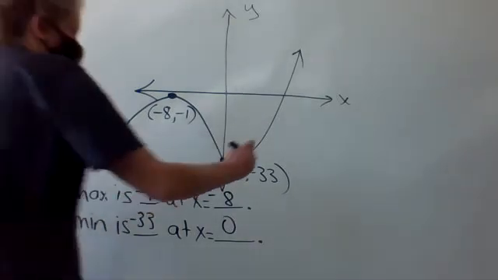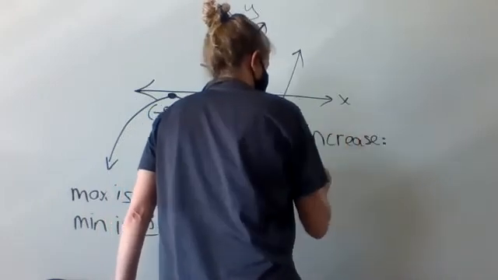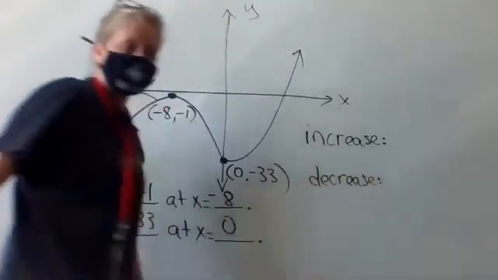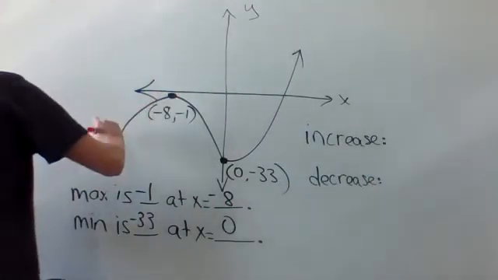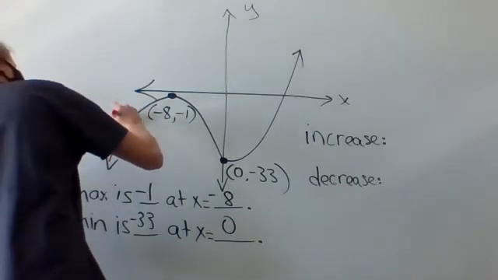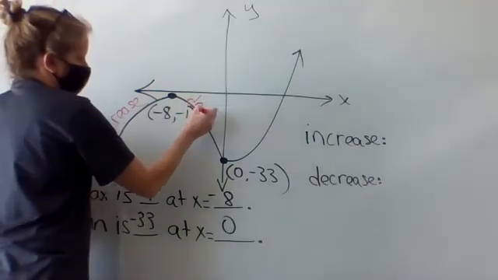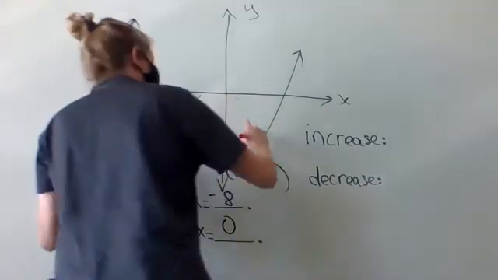And then it's going to want to know increase and decrease. So I am increasing here. So this is an increase. I get to the top and then I go down. And then once I get to this point, I go back up again.